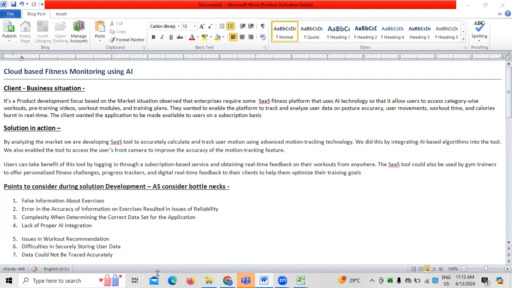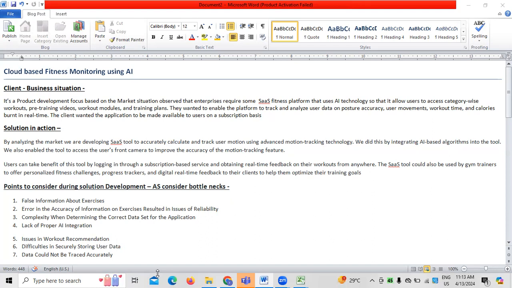All these things are what a user expects, because when a user wants to manage and use a fitness monitoring application, right, by enabling AI technologies, all of this is needed. So user movements, workout times, calories burned in real time, all that.